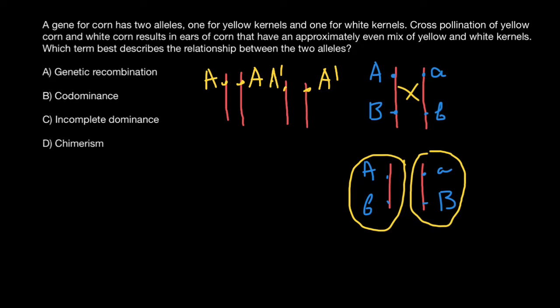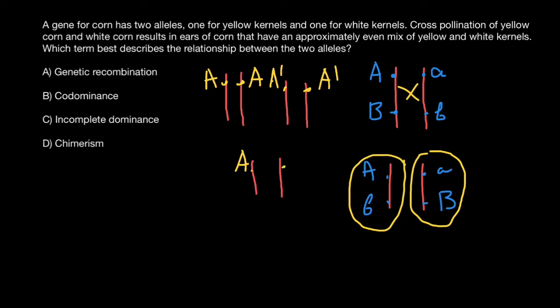Parent 1 in the gametes produces only one variant, which is capital A, and parent 2 also produces only one variant of the gamete for this chromosome, which is A prime.